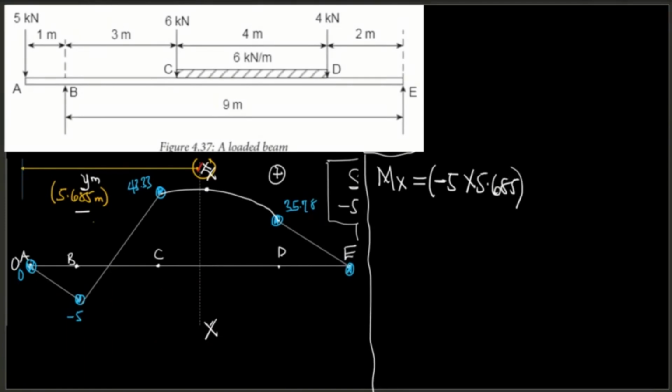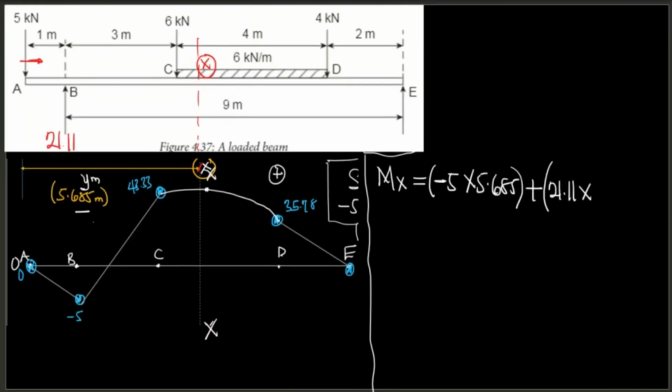I'm working from this point to the point where we have our X here, the point of maximum bending moment. Plus, I have another force here, which is 21.11. Because it's facing up, it is 21.11 multiplied by, now what is the distance?